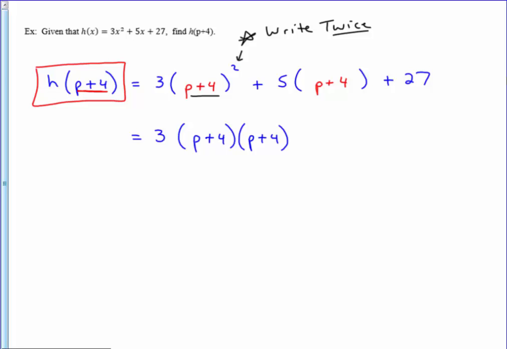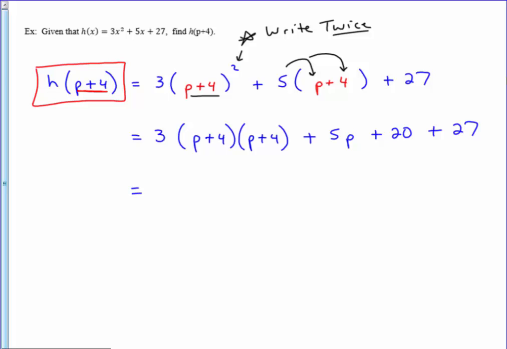One of the most common mistakes that students make is they just square the p and square the 4 and add them together. We'll see later why that wouldn't have worked. On this second piece, the 5 needs to be distributed to the p plus 4. So 5 times p would be 5p, 5 times 4 would be 20, and then we still have the 27 left at the end.